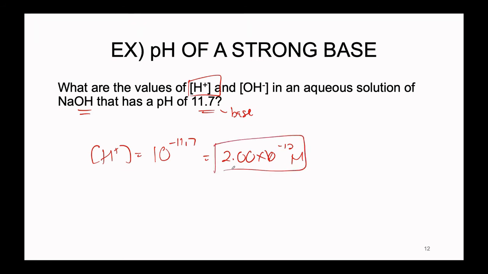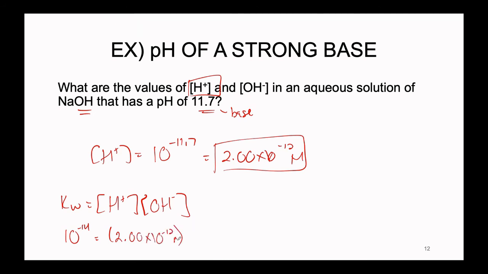And there are two different ways now we can solve for the OH minus concentration. The most straightforward way would be using our equilibrium expression, which gives us the balance of H plus and OH minus in solution. Our Kw is 10 to the negative 14. The H plus concentration we just solved for was 2.00 times 10 to the negative 12.